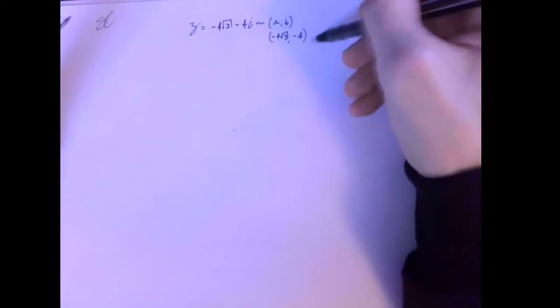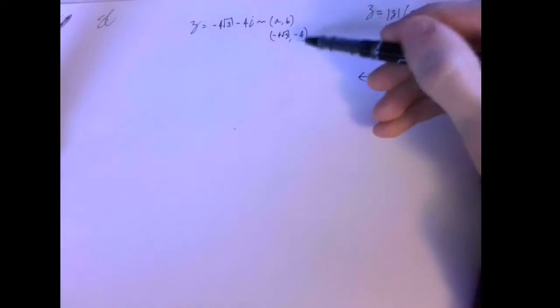So this is our ordered pair that we're going to graph. Our x-axis is the real axis in graphing complex numbers, and the y-axis is the imaginary axis, where we graph the imaginary part of the complex number, in this case our -4.